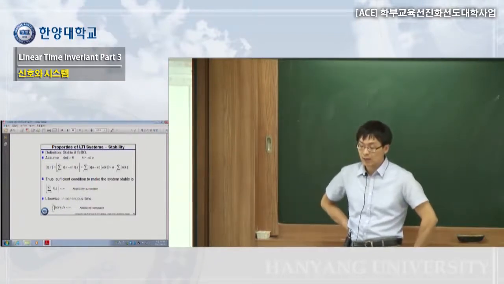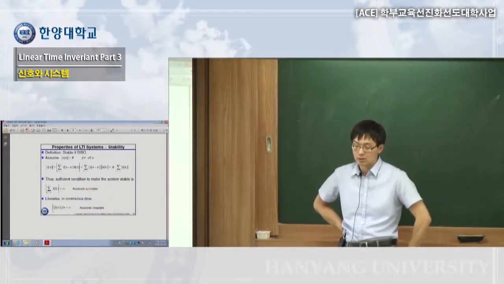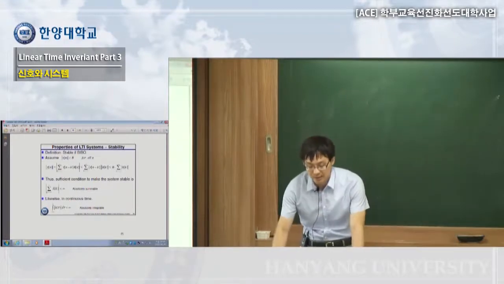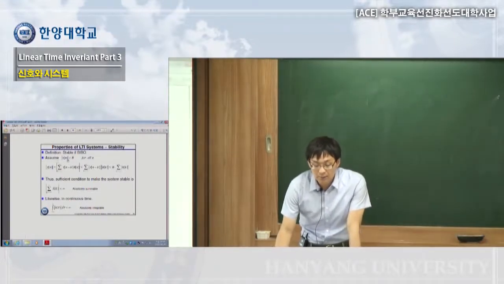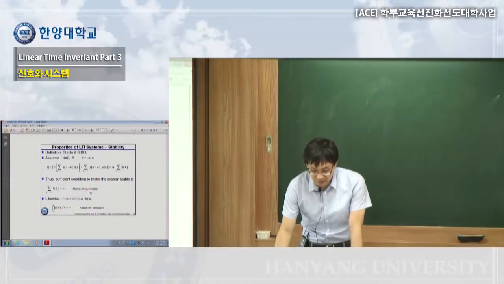However, one way to define stability is bounded input, bounded output: if the input is bounded by a constant value, meaning its maximum and minimum are bounded, and y is bounded, then the system is considered stable. To meet that, this sum has to be below infinity.